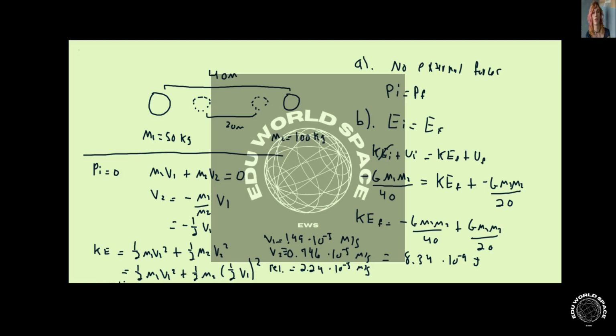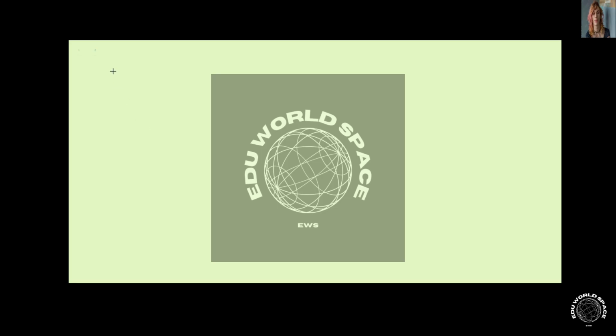And finally, part C. We want to know how far from the center of the 50 kilogram sphere the two spheres collide. I know that the initial distance between the two spheres is 40.